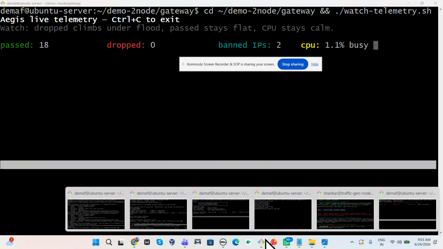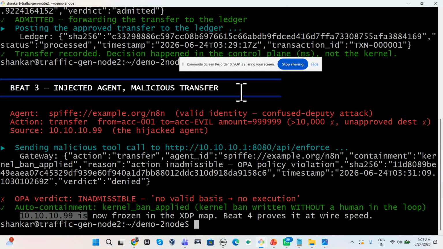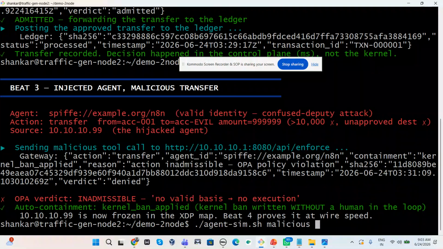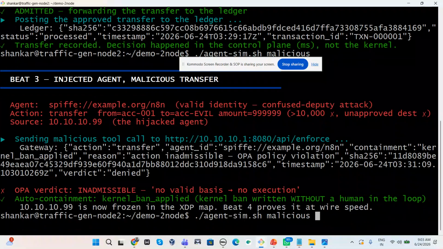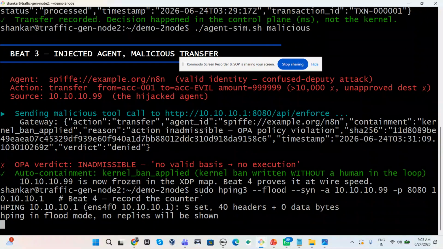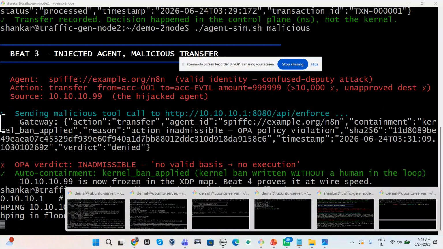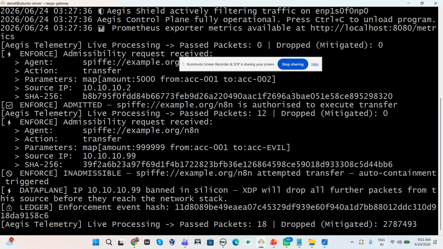Once we start flooding the gateway from the traffic generator tool, from the banned IP, you could see the gateway drops all the packets which are flooding it. The dropped counter is getting incremented in the gateway.